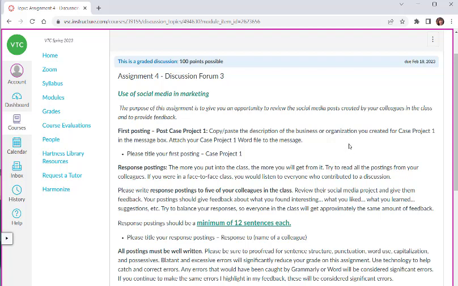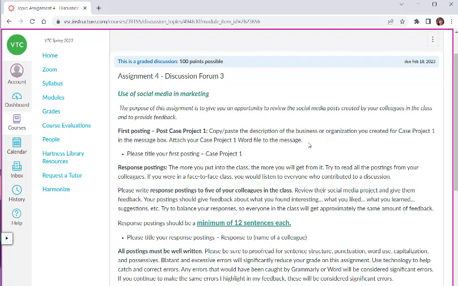Hopefully you'll take a look at all of the social media projects because they're interesting, and because you may want to see some good ideas that other people used. You might possibly use this information in the real world, and you'll also be given feedback from your colleagues.